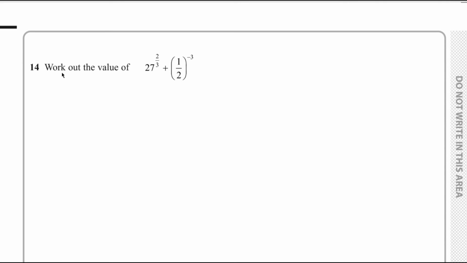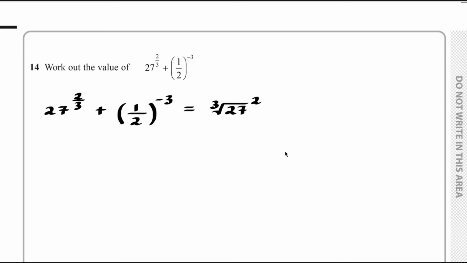Question number 14. Work out the value of 27 to the power of 2/3 plus (1/2) to the power of -3. To work out this, let's deal with the 27 to the power of 2/3. This is the same as the cube root of 27, squared. Let's now deal with the (1/2) to the -3. The first thing we can do is reciprocate this.